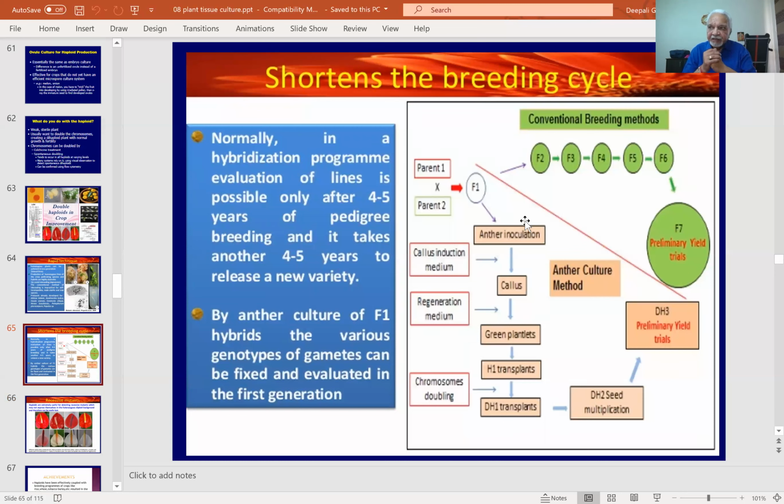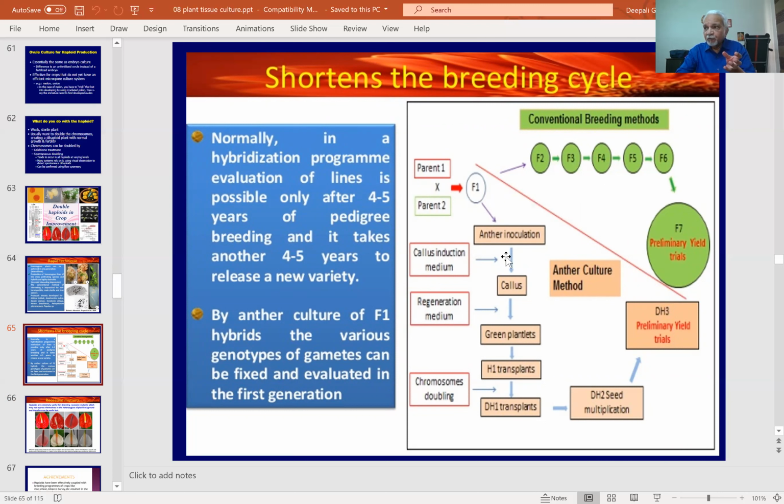See, if you look here, normally, if these are the two parents, you have the F1 generation generated, and then it has to undergo at least 6 to 7 cycles before you achieve the fixation of a trait. That is, the trait becomes homozygous so that it won't segregate further. So it takes 6 to 7 generations, which means 6 to 7 years of work.